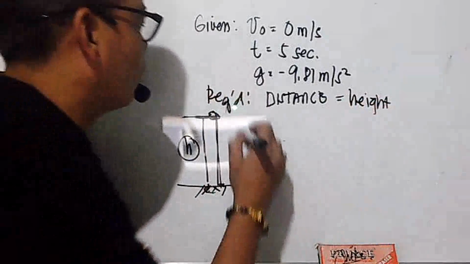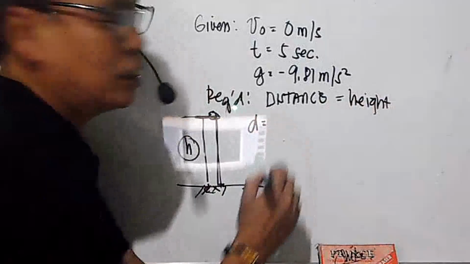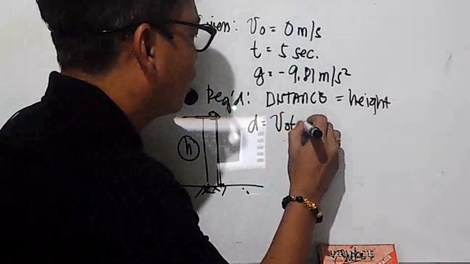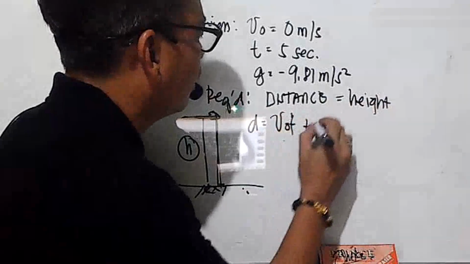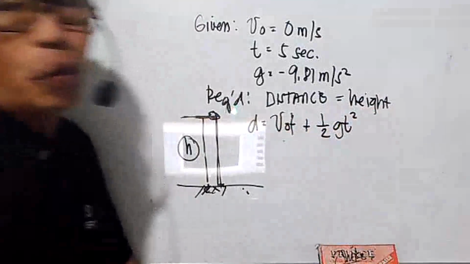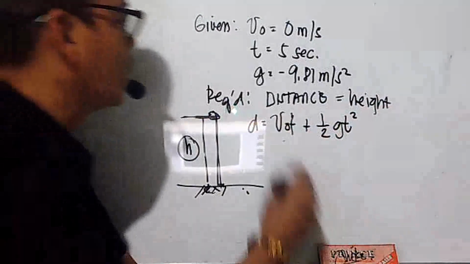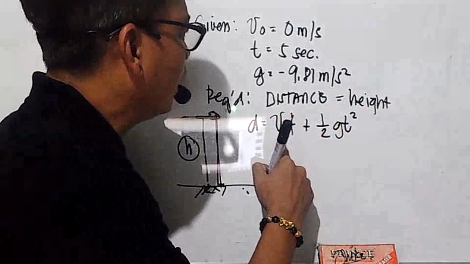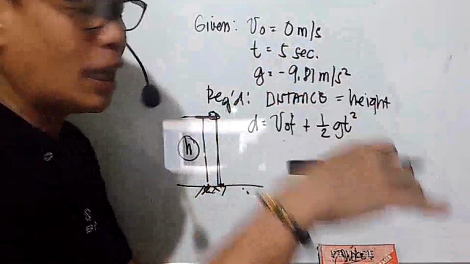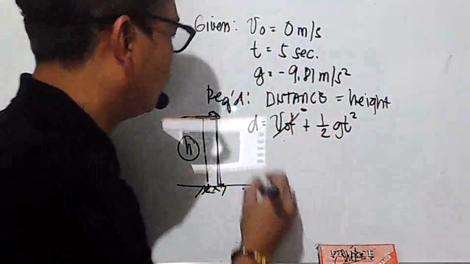Let's use the formula for distance. Distance is equal to VOT plus 1/2 GT squared. Now your VOT is equal to 0 since V initial is equal to 0, because it was just let go. So this is equal to 0.